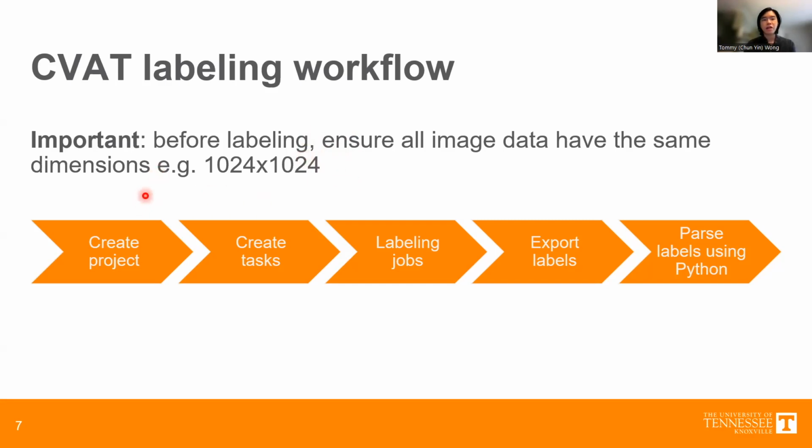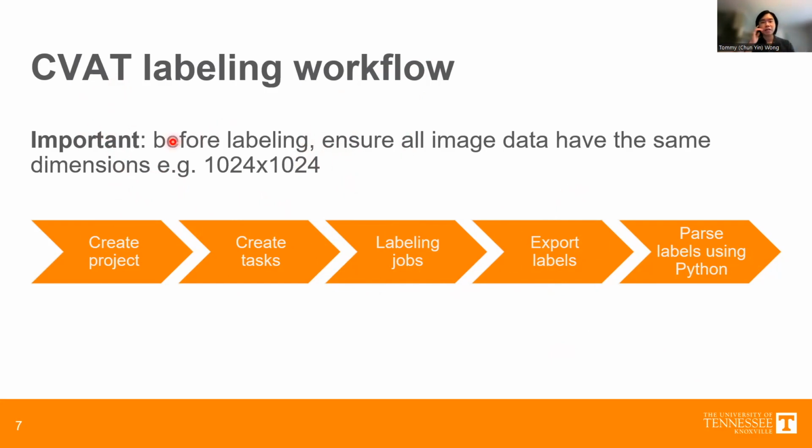And so after that, you go over this workflow whereby you start by creating a project, and then you create a task out of that project for a single image, for example. Then you do the labeling, and then you export the labels. And typically the labels aren't exported as a mask.